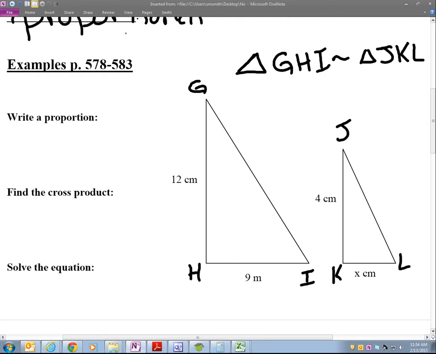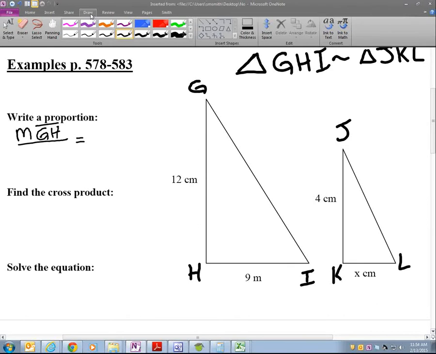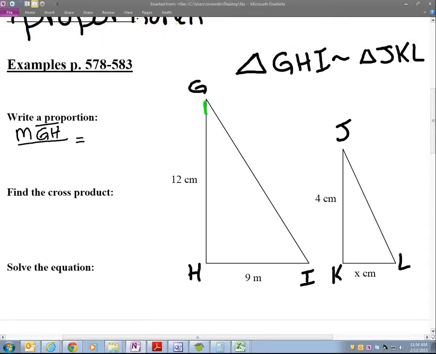Okay. We're going to write a proportion. The measure of side GH. So we have the side measure GH.